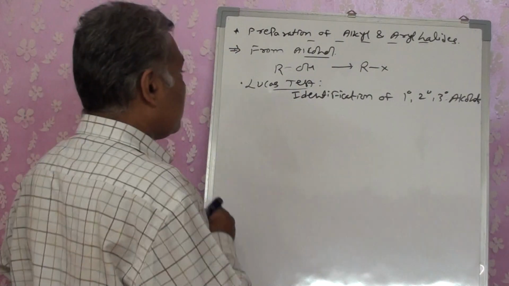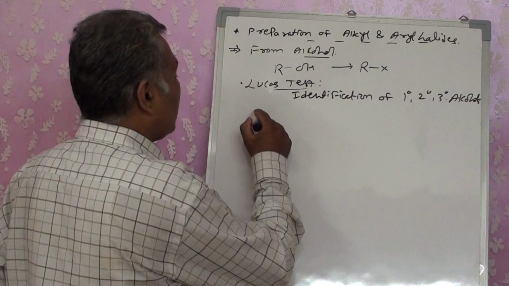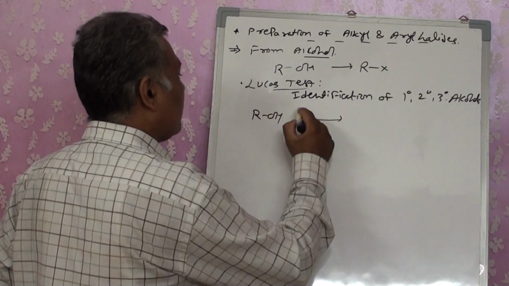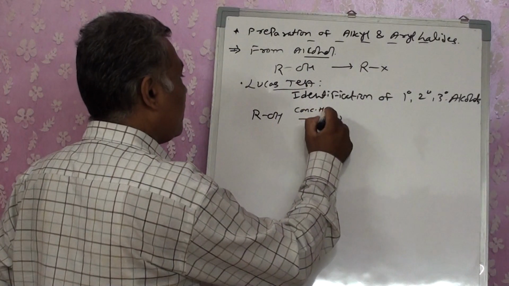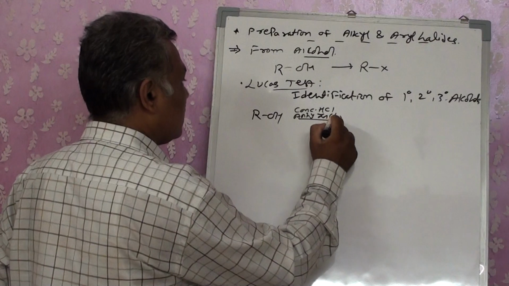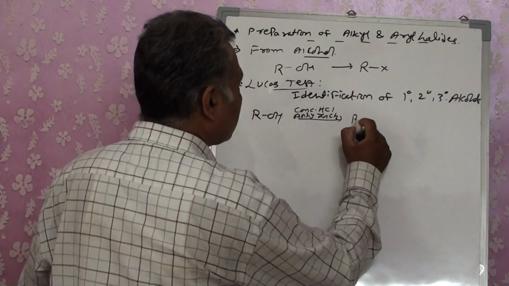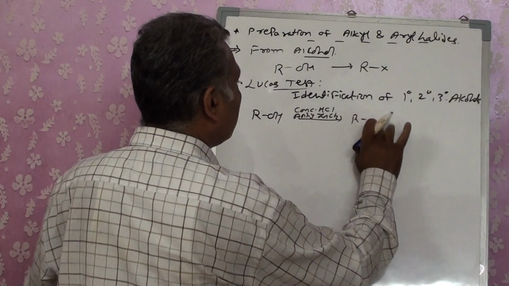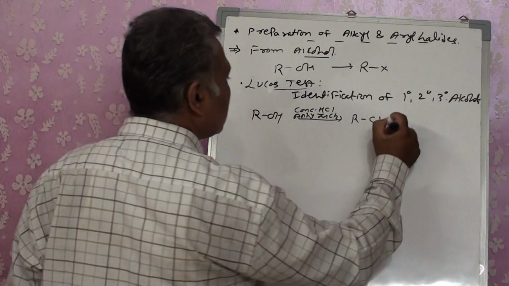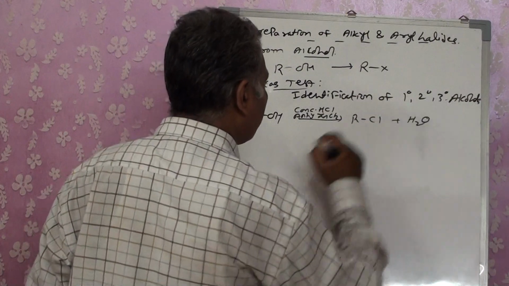Now what is the reaction that we have? We have some alcohol ROH reacting with concentrated HCl and anhydrous ZnCl2. The compound gets converted into RCl plus H2O.